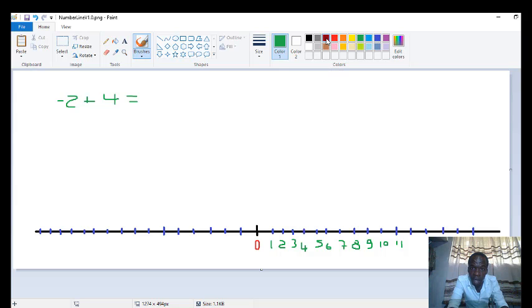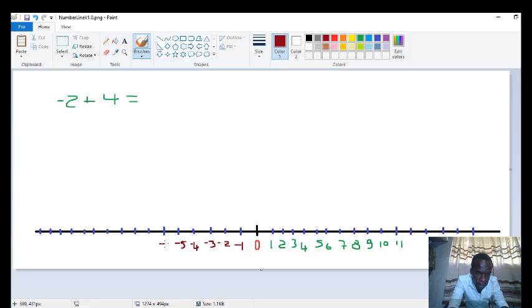So let's take a dark red color, like -1, -2, -3, -4. Let's go left.